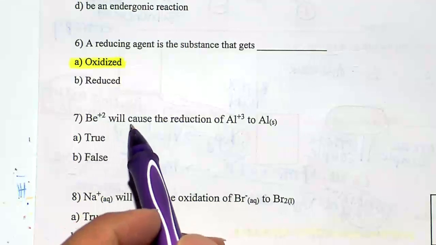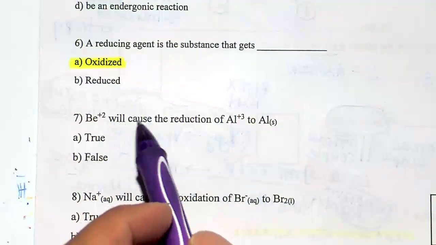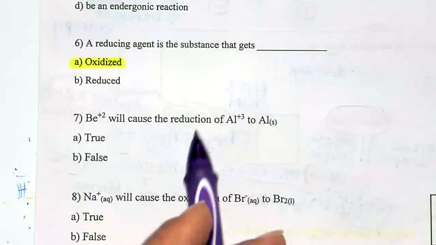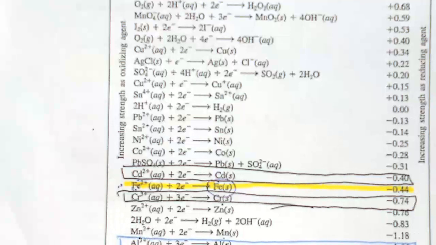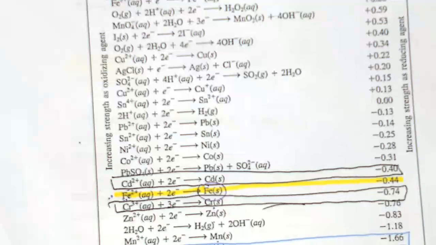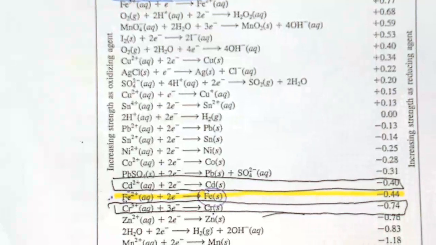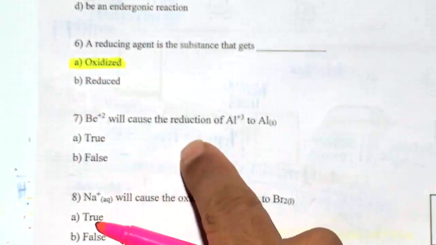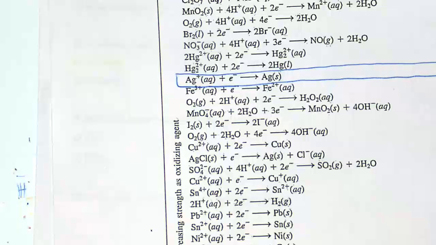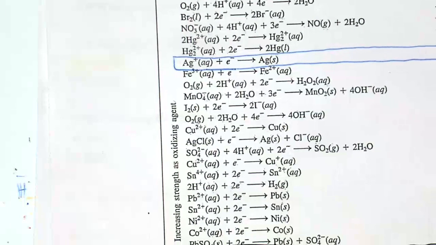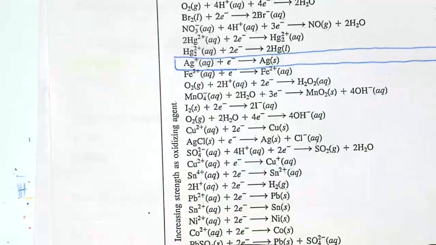All right, let's see here. Beryllium plus 2, so you've got to be careful. These are a little tricky. Beryllium plus 2 will cause the reduction of Al plus 3 to Al. Beryllium plus 2 will cause the oxidation of Al plus 3 to Al. Will cause the oxidation? Yes, this is false.